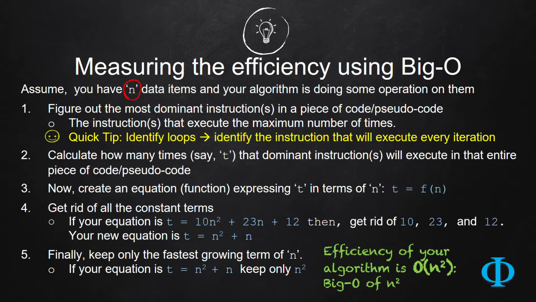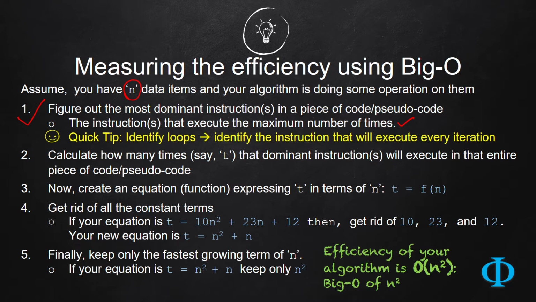In order to calculate the efficiency, the first step is you have to figure out the most dominant operation in your piece of code or pseudocode or algorithm or program. The most dominant instruction means the instruction that executes the maximum number of times in your program.